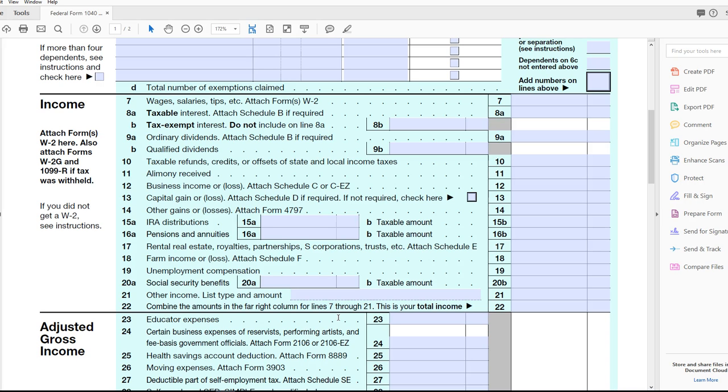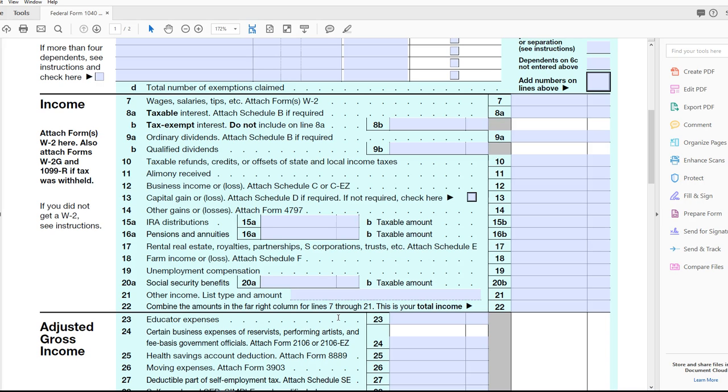Unemployment compensation is line 19. That's for people that are on unemployment, and some of those benefits would be taxable. Social Security benefits are for people who are retired and are drawing on their Social Security. Some of that is taxable and depends on the income levels. Other income is just a bucket for anything that doesn't fit into one of these other areas that you have as income.